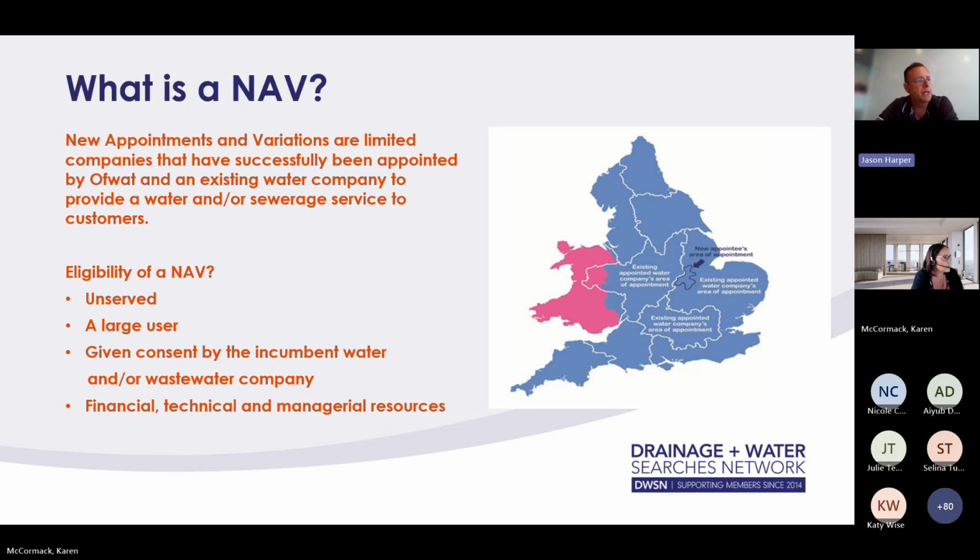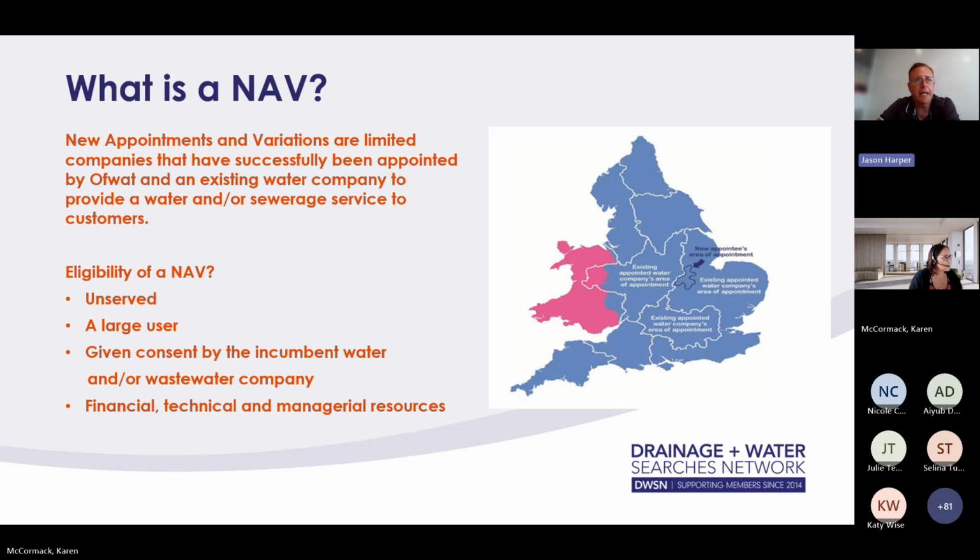So in a way, it's a little bit like National Grid, where they deliver the electric, and then other companies bill off of that. And it's a bit like us. We deliver the water, and the NAVs have to then bill the customers for their money.